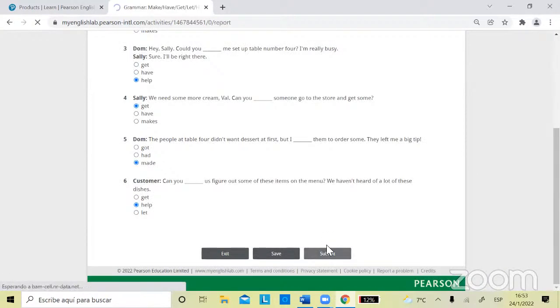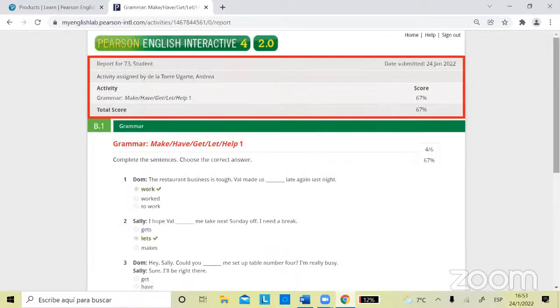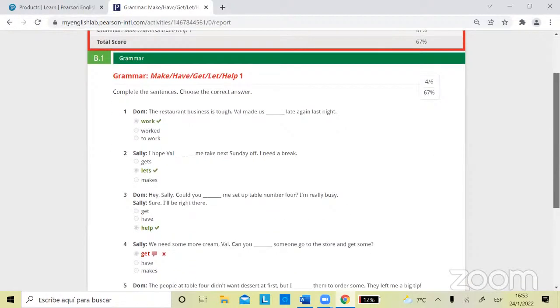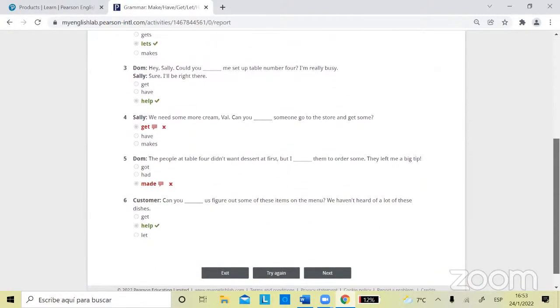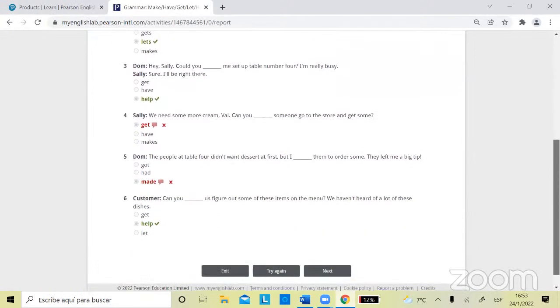Okay, let's see. Okay, two mistakes, and I think it's, yes, 4 and 5. In 4, because you use get to obtain something, but in this case, Sally is saying we need some more ice cream.